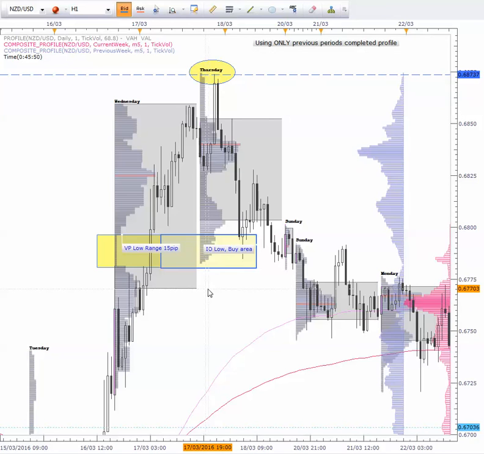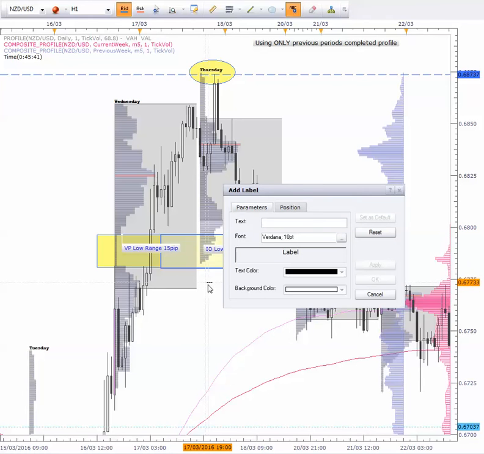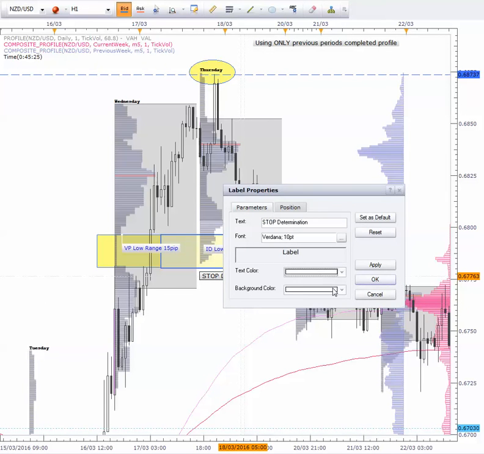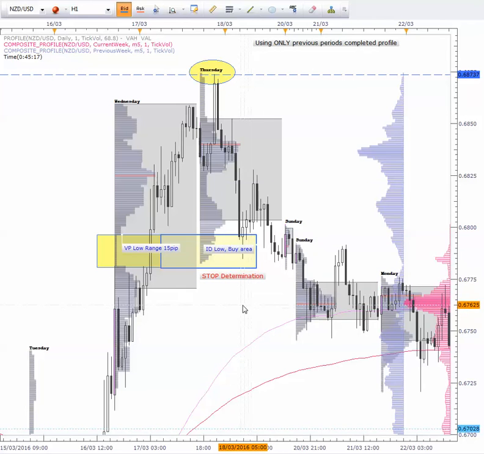So where does the stop go? And how do I determine the stop? The stop will be if this low cannot hold.